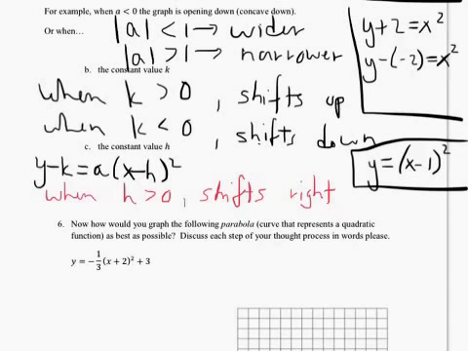So when h is greater than 0, like this example here, h is 1, it shifts to the right. But when h is less than 0, it shifts to the left. Okay? It's the standard idea of vertex form for these kinds of problems.